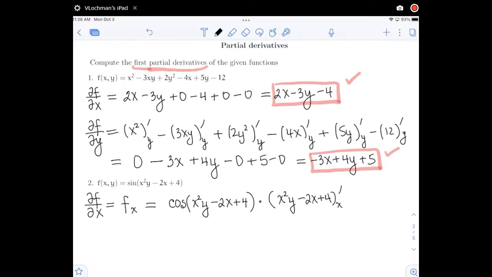Prime with respect to x. Okay, so can somebody compute that for me? So what is the derivative of the expression inside the argument with respect to x? Take a moment, compute that.